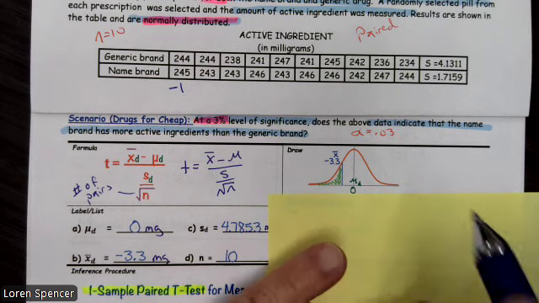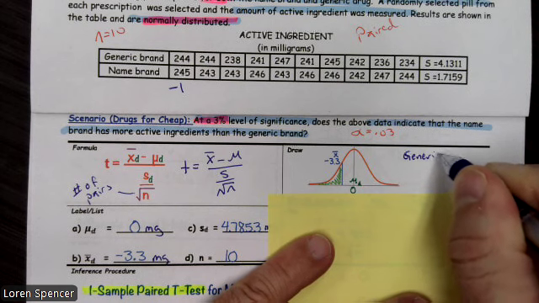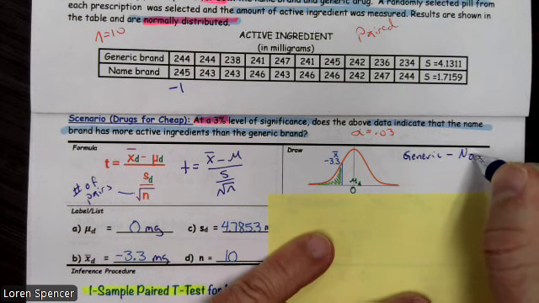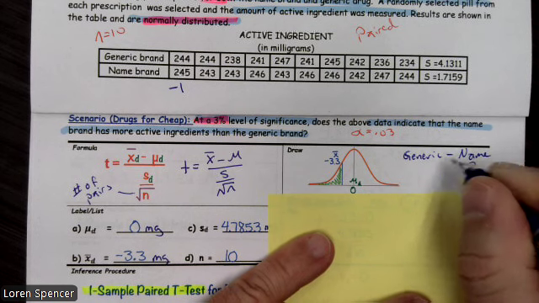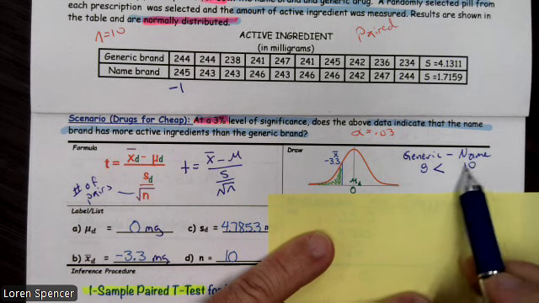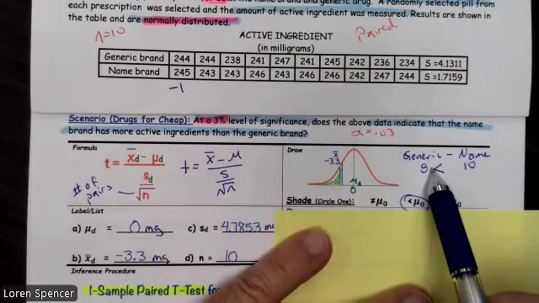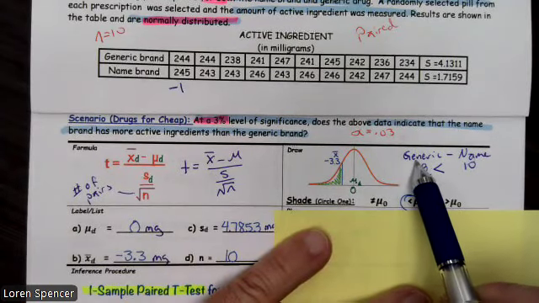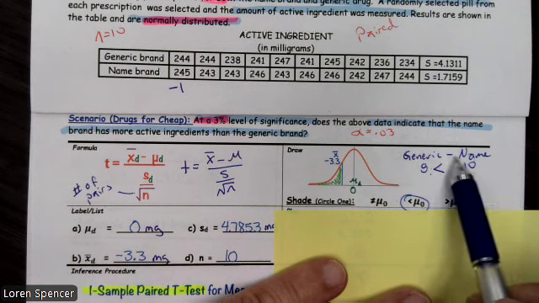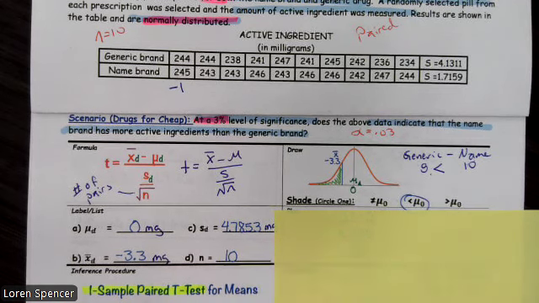We went generic minus name. And we thought this was more. So just pick a number, and this number is supposed to be less. Oh, if that's the case, I need to have a less than symbol because they said the name brand had to be more than the generic. And I just need to make sure that I list the order that I went in, and I went generic minus name. So I have less than circled.